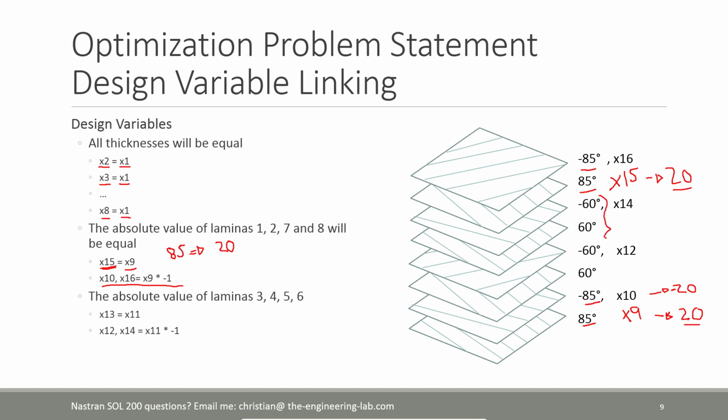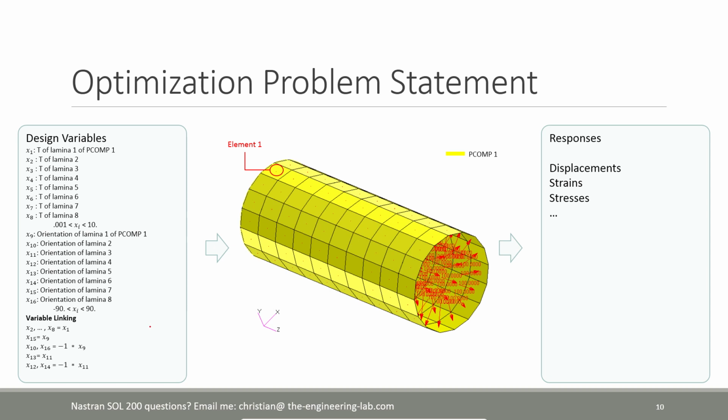For the set of plies that are 60 degrees, we want them to share the same magnitude, but different signs. And the way we are going to achieve this is by creating these design variable links. And I have the expressions here. And again, I will be demonstrating how to impose these linking in a moment.